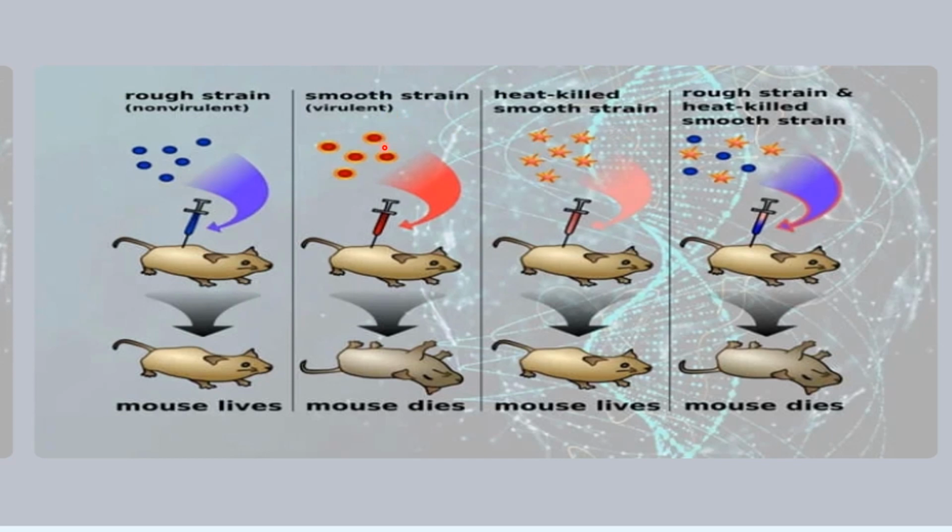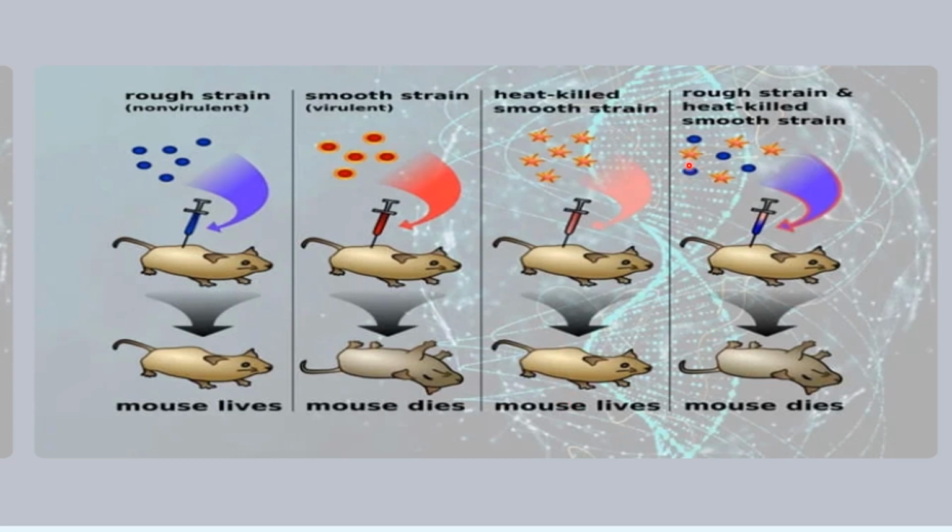By heat killing the smooth strain, all the internal content of the bacteria is destroyed, and only the polysaccharide coat remains. When he injected the mouse with this heat-killed smooth strain, the mouse remained unaffected and lived.